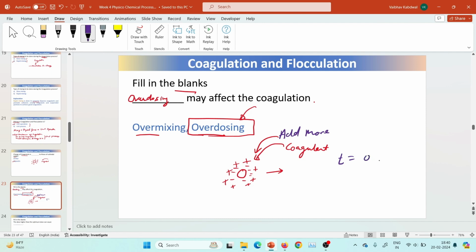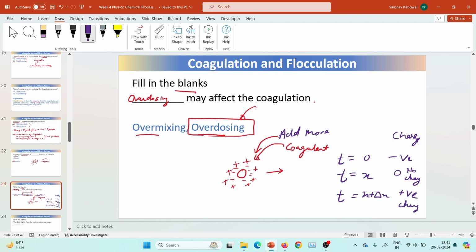Let's say at t equals 0, negative charge. At t equals x, zero charge, I will write it as no charge. At t equals x plus delta x, I am adding coagulant, and it will be positive charge.